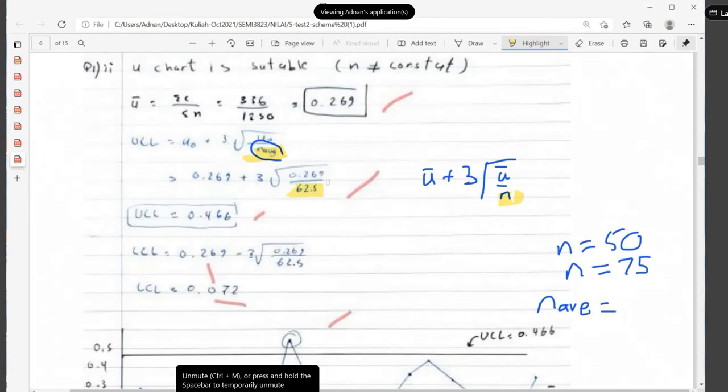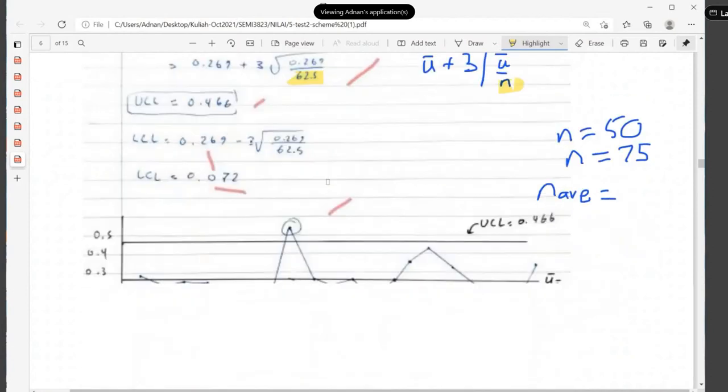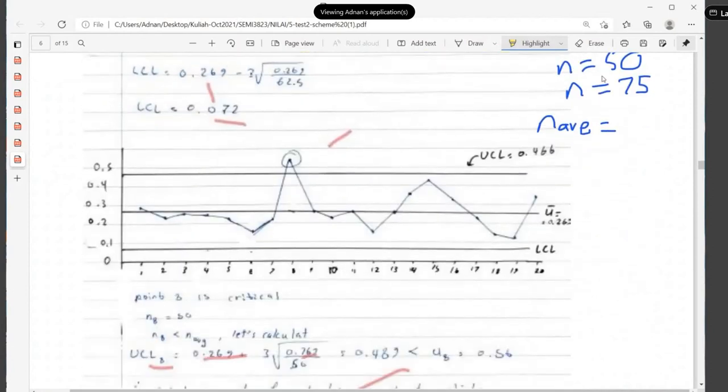This is n average. And then what do you plot? You plot the value of u inside the chart, and then one value is outside.